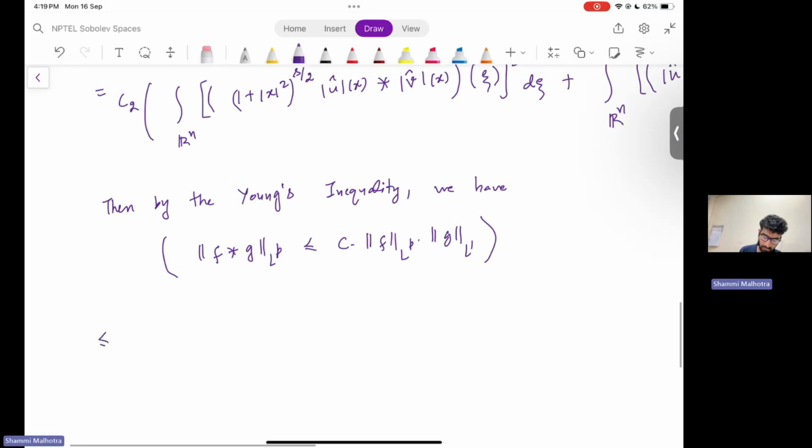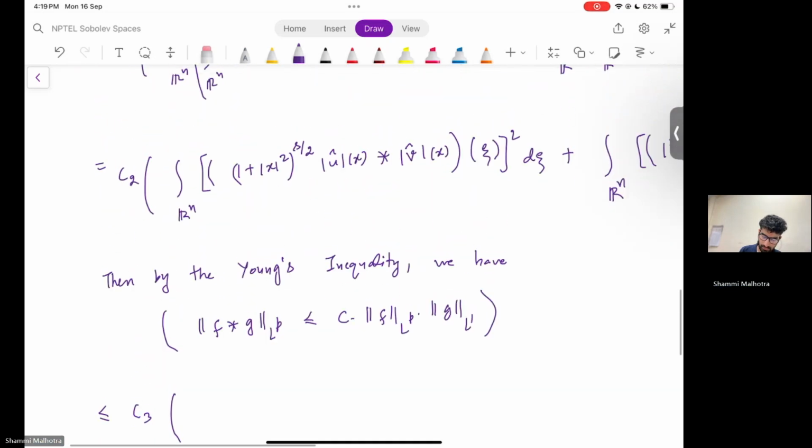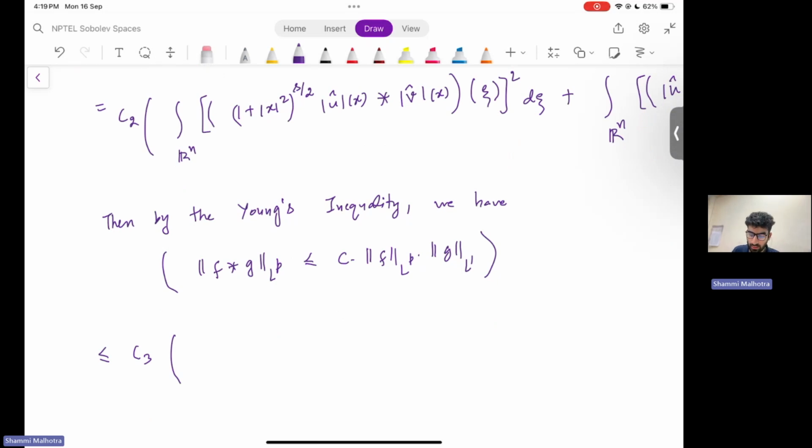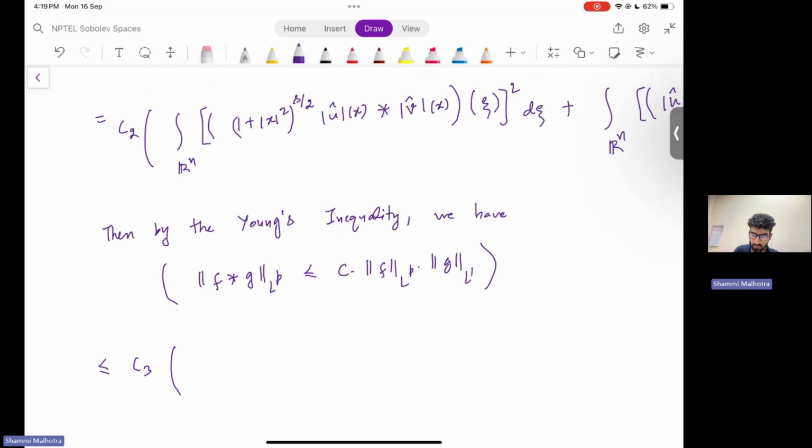So this is less than or equal to some C3 times. When I apply Young's inequality, we take p equal to 2 here. This will give me the H^s norm of my u when I apply the L2 norm here. So this will give me the L2 norm of this, but that is the H^s norm of u only. And I will take the L1 norm here.